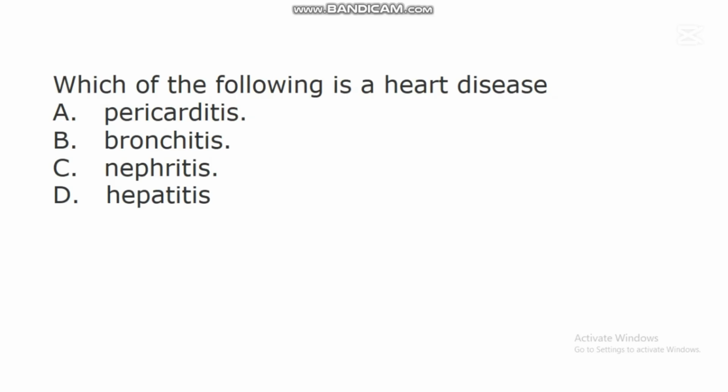In this question, the correct answer is A. Pericarditis. Pericarditis is the inflammation of the membrane known as pericardium. So when this membrane, the pericardium, swells, that heart disease is known as pericarditis.